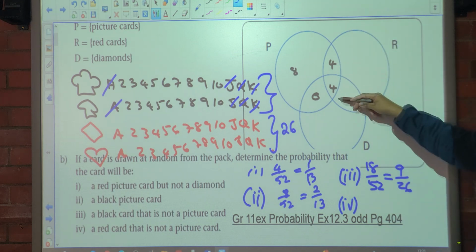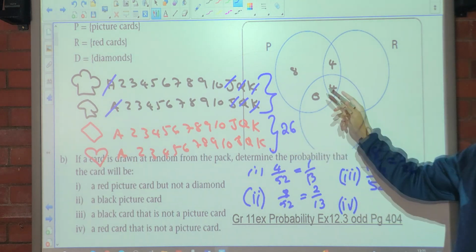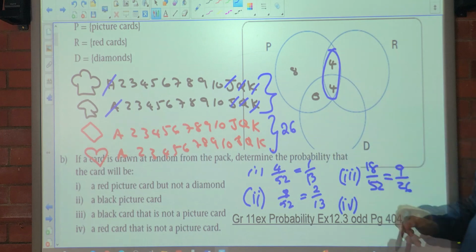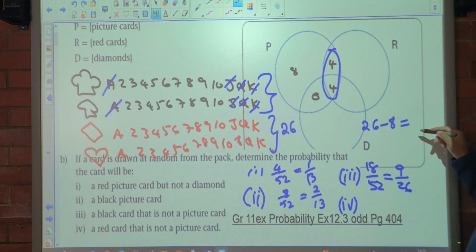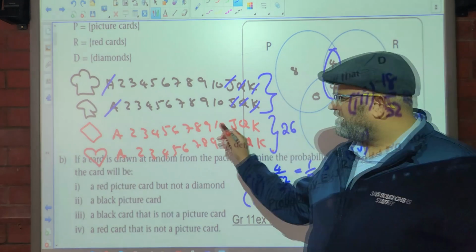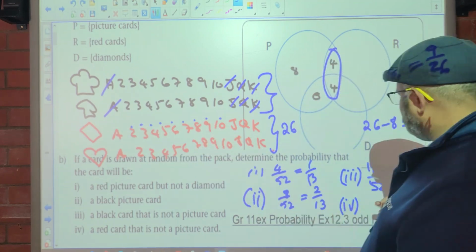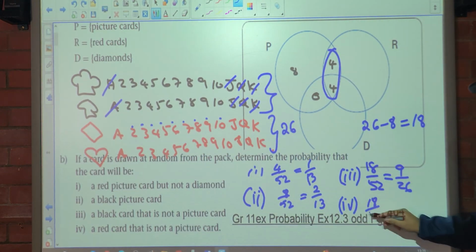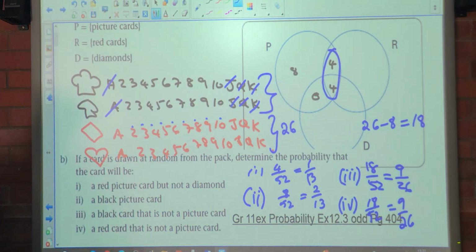Yeah, because the red cards are 26, and you have accounted for 8. So it's going to be 26 minus 8, which gives you 18. Otherwise, you could have counted here 1, 2, 3, 4, 5, 6, and then times 2 is 18. So it's 18 out of 52, which is 9 out of 26. Are both these answers the same? They're asking the same thing, basically. Not so?